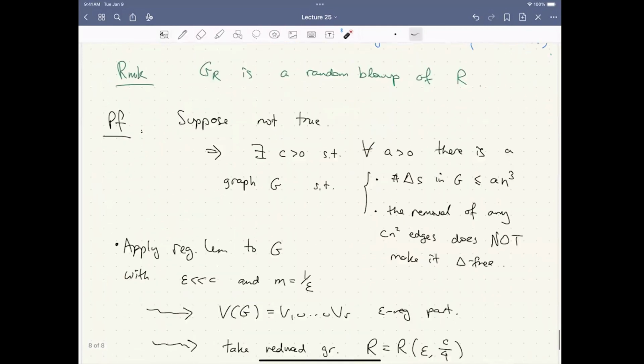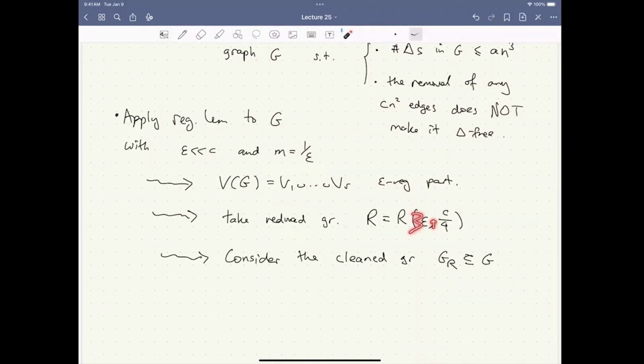Delta is C over 4. But C is much bigger than epsilon. So the total number of edges we deleted is at most C n squared over 2 by the previous calculation. We don't delete too many edges.